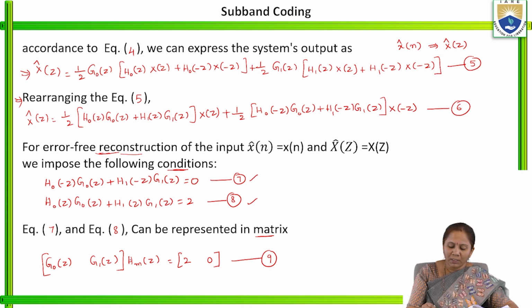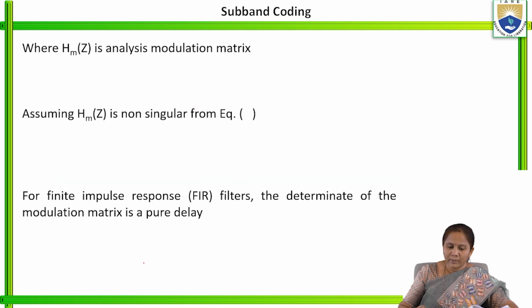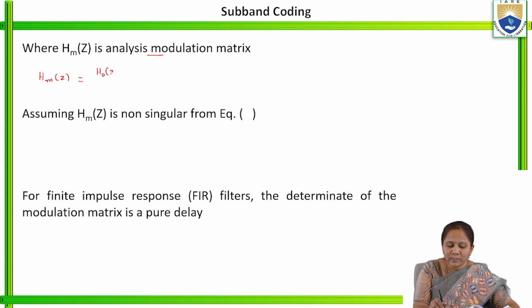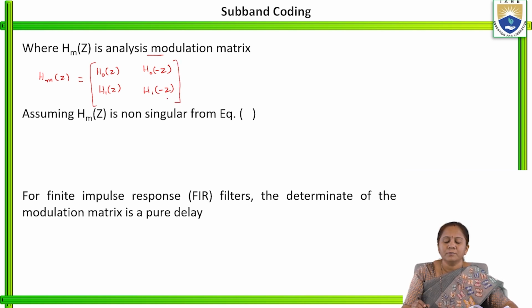So let us know what this HM of Z is. This HM of Z is the analysis modulation matrix, and it can be represented as HM of Z is equal to H naught of Z, H naught of minus Z, H1 of Z and H1 of minus Z. So this is the modulation matrix HM of Z.